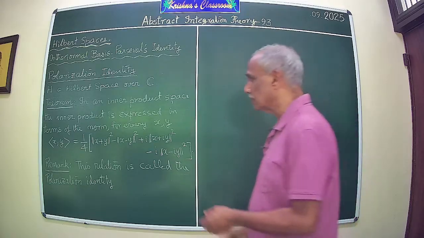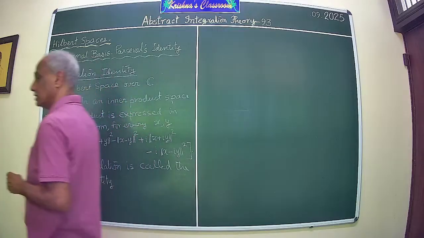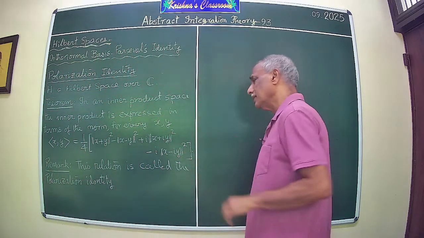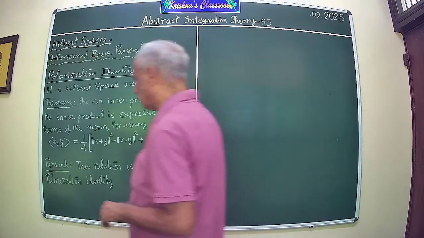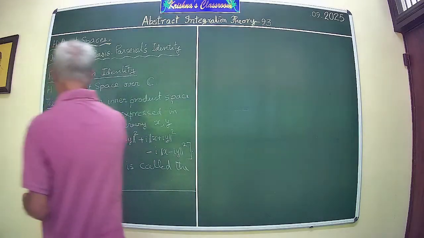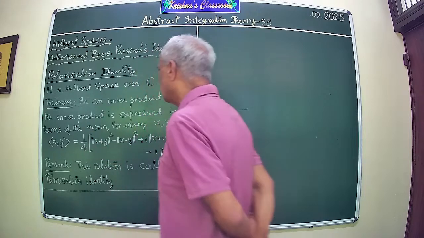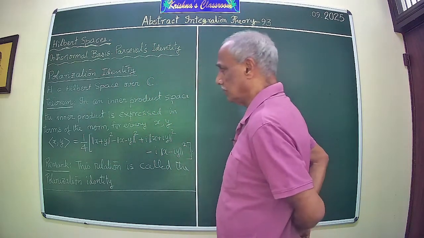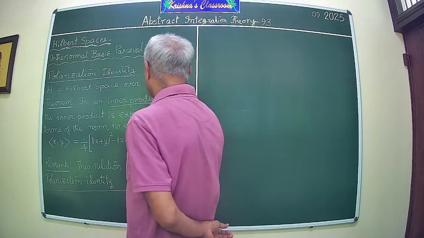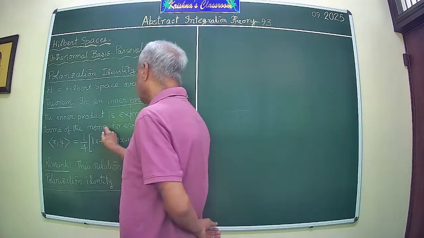Before that, we look at something called the polarization identity, which in fact connects the inner product with the norm. Now just recall the following. Before we prove the theorem, our basic assumption is H is a Hilbert space over the field C. The theorem is: in an inner product space, the inner product is expressed in terms of the norm.